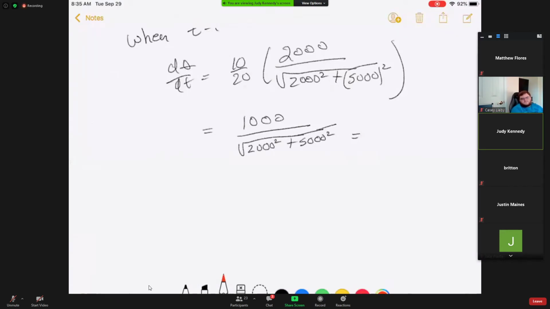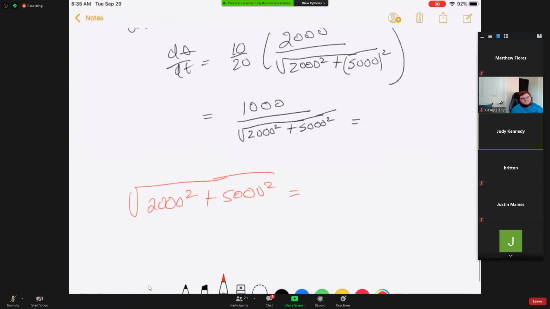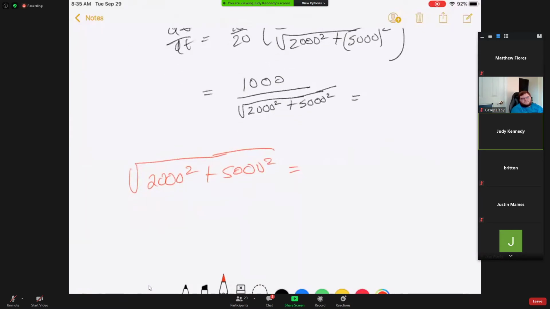All right, that 2,000 squared plus 5,000 squared. Okay, I can factor out 1,000 squared from both of those. 2,000 squared is 2 squared times 1,000 squared. 5,000 squared is 5 squared times 1,000 squared.